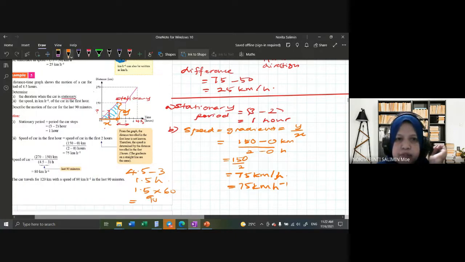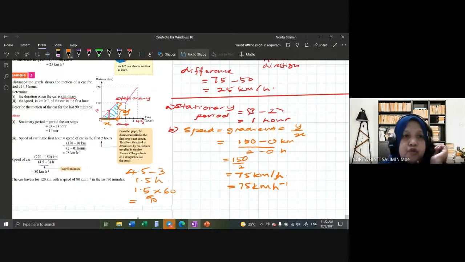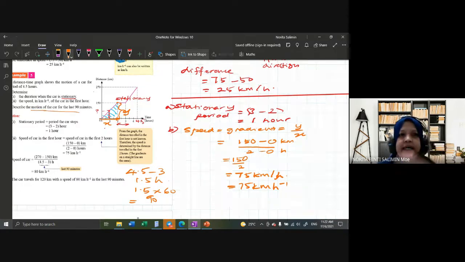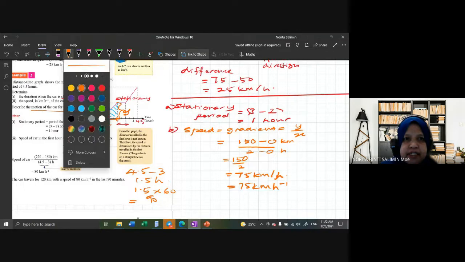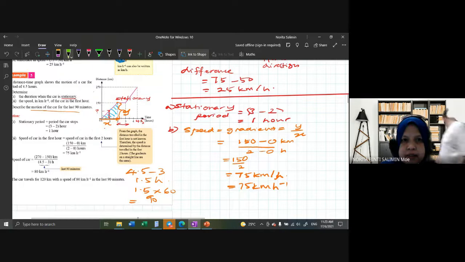So the question wants you to describe the motion of the car in the last 90 minutes. We have to find the gradient from the graph. Look here at the gradient for this rectangle.